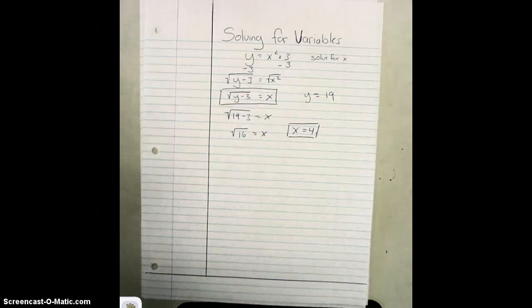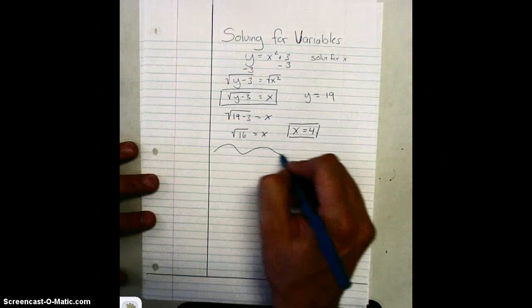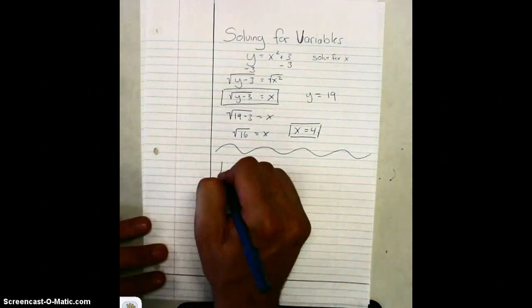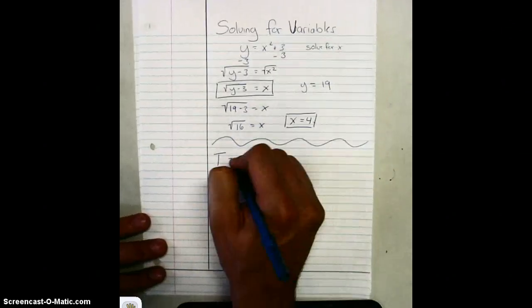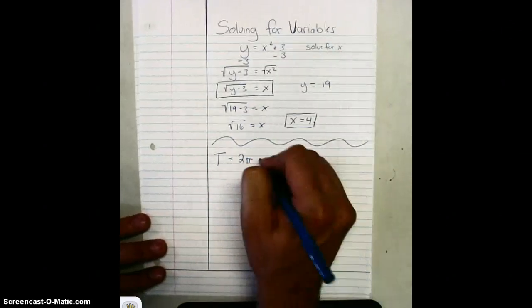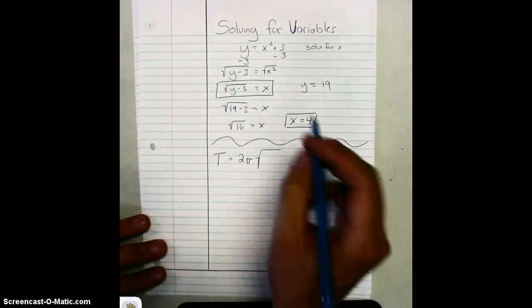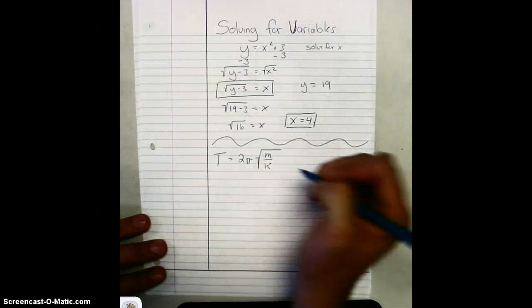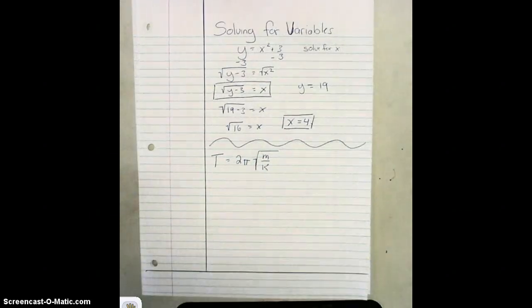So let's take a couple examples of how this looks in physics. Let's look at a regular equation that we are going to use. T equals 2 pi square root of m over k. This is a formula we are going to use.